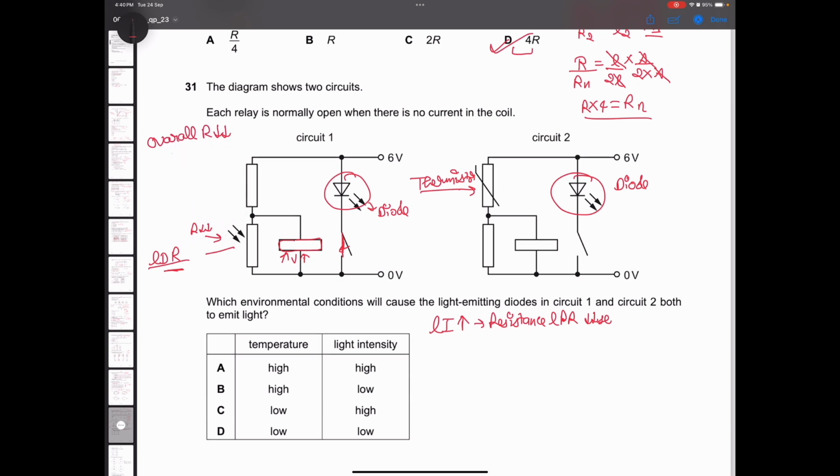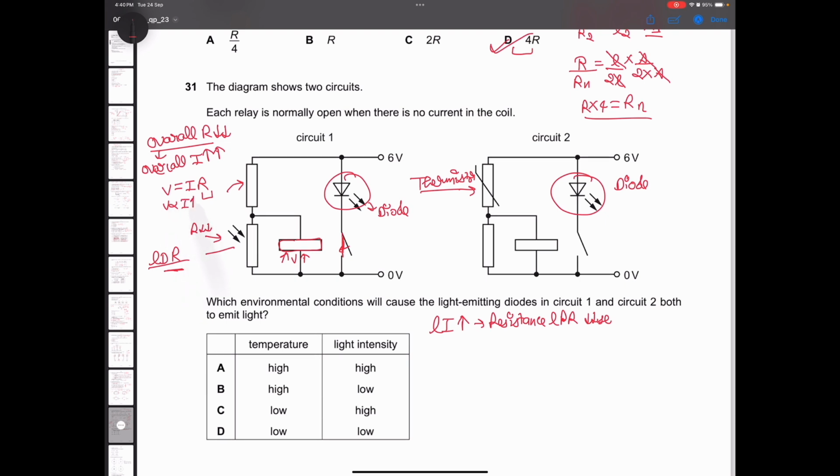And if the overall resistance is decreasing, overall current must be increasing. Now, if overall current is increasing, we will apply Ohm's law to the fixed resistor. So V is equal to I into R. In fixed resistor, resistance is constant. So we can say V is directly proportional to I.